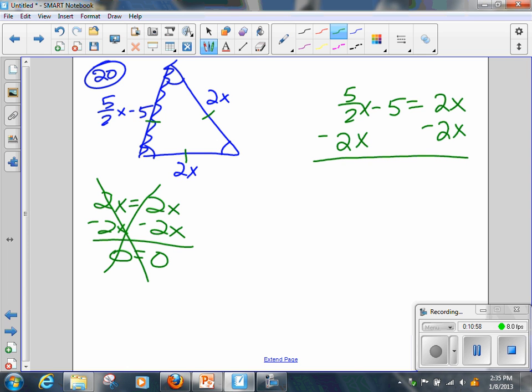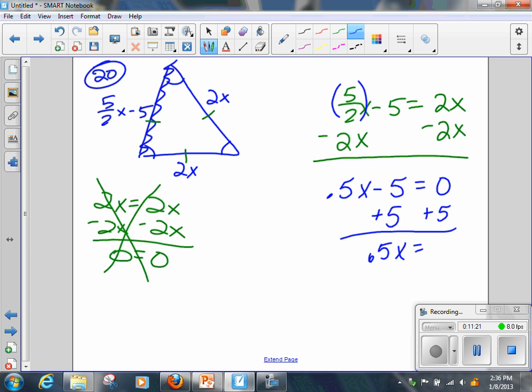Take your calculator and use parentheses. 5/2, which is 2.5, minus 2, which is 0.5. Make sure it's right. Now what am I going to do? 0.5x is equal to 5. Divide by 0.5. x is 10, and I'm done, right?